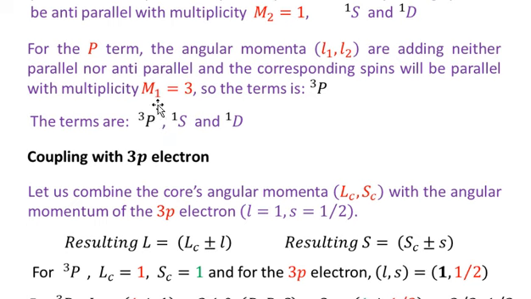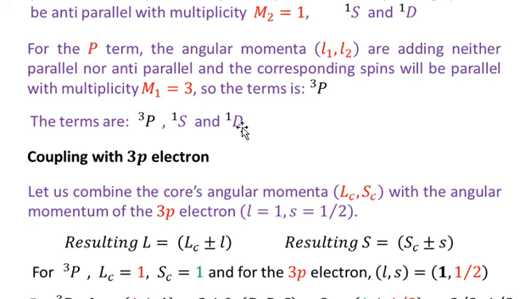So this 3P will get the preference, since this is the highest multiplicity term, so it will have the lowest energy. So all the terms corresponding to 3P will be arranged first, and then I have 1S and 1D. You know that here the multiplicities are the same, both 1S and 1D have the same multiplicity, but the value of the orbital quantum number is higher for the D term, so the D term will be lower in energy in comparison with the 1S terms.